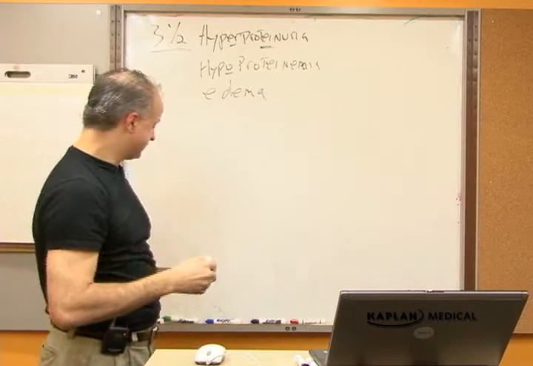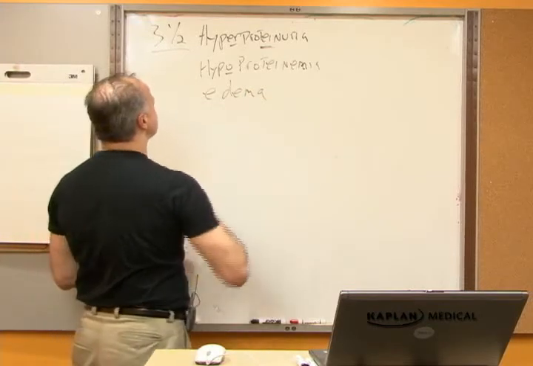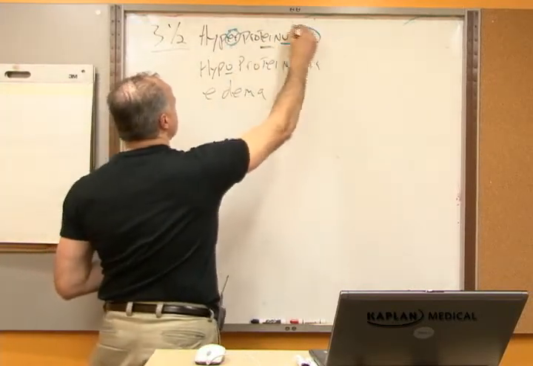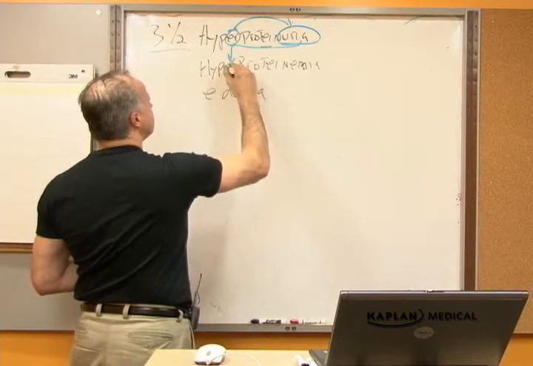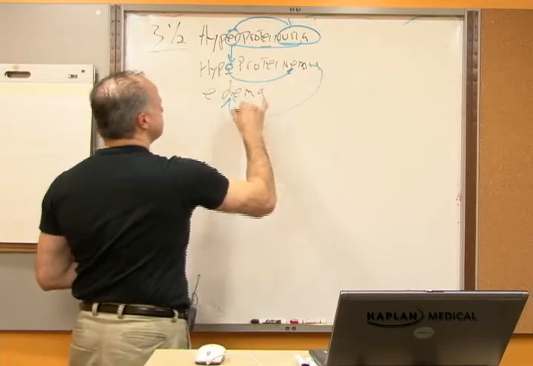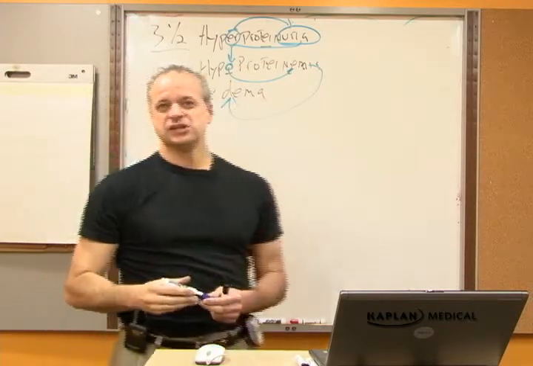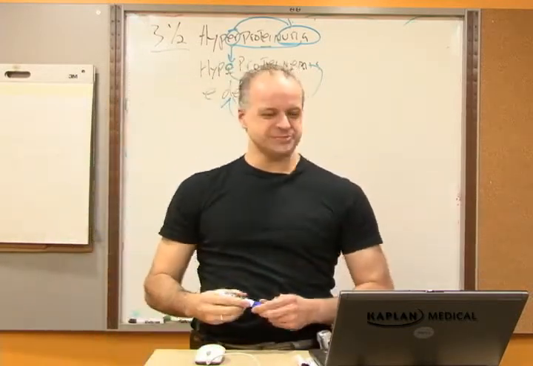So look at what happens here. We get hyperproteinuria. Hyperproteinuria leads to hypoproteinemia, and then you get edema. Also known as low oncotic pressure gives you edema.